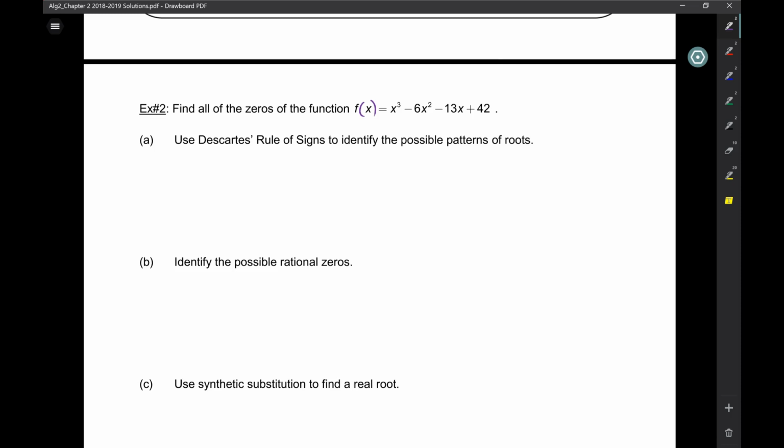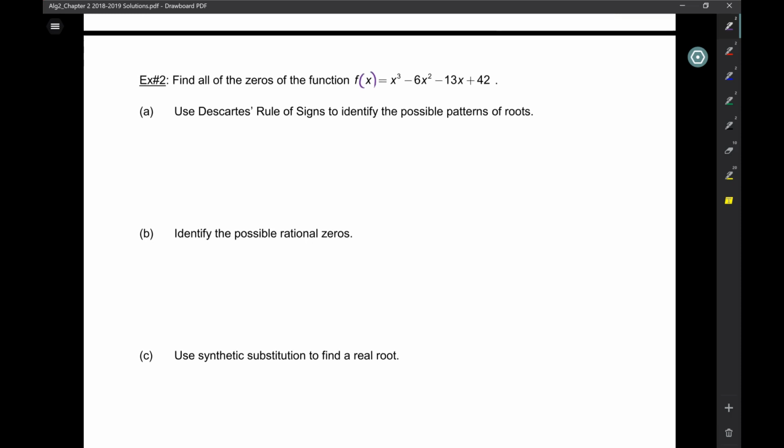Okay, so first, we have to find all of the zeros of this function. First, we're going to use Descartes' rule to identify the possible patterns. How many times does this switch sign here? Once, twice.